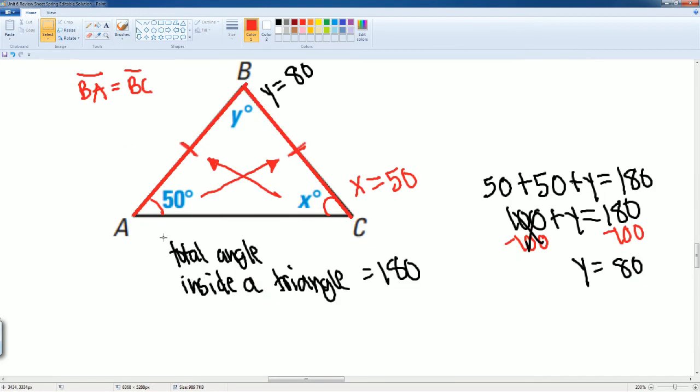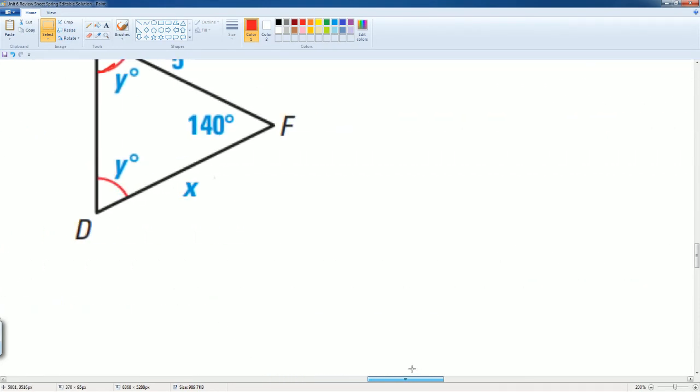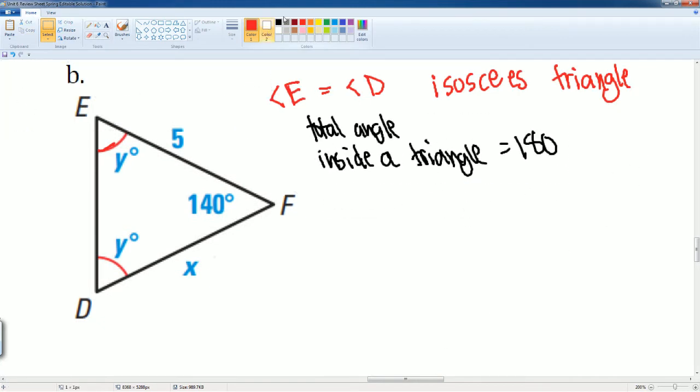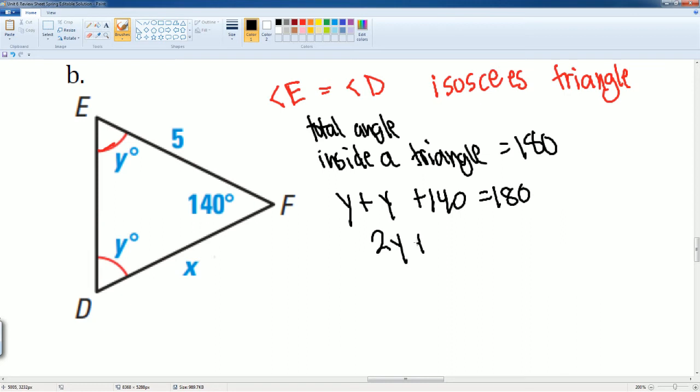We know that the total of the angles inside a triangle is equal to 180. So that allows us to set up our equation of y plus y plus 140 is equal to 180. y plus y gets you 2y. Bring everything else down, so plus 140 equals 180.